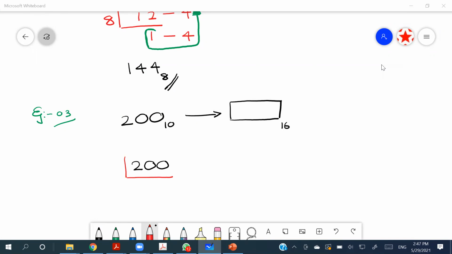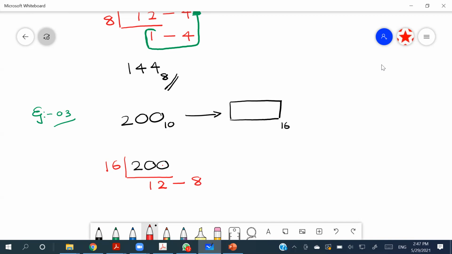Very good, Dinaka. So 16. For 20, there is 1 sixteen. 4 is remaining. That 4 and this 0 will create 40. So for 40, there are two 16s. 16 into 2 is 32, and 8 is remaining. Are we going to divide this further?